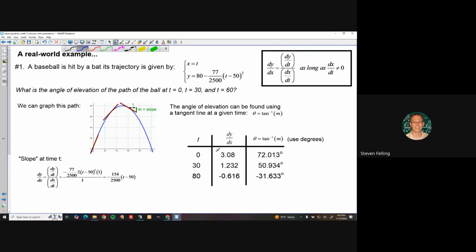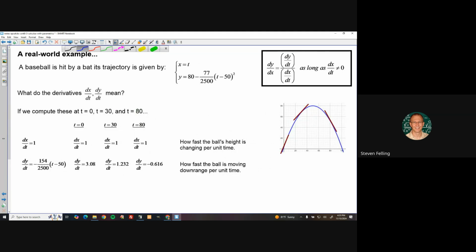If you wanted to go into degrees, it would be 72 degrees as the baseball left the bat, but at 30 seconds in, it's not as steep, so only 50 degrees. And at 80, you're past the peak height, and so the slope is actually negative. We'd have a negative angle of elevation of 31.633 degrees.